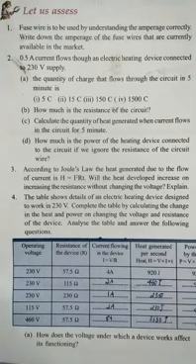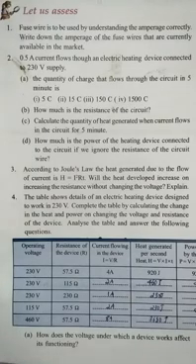Here, 0.5 A, the symbol for current, ampere, is the current I, and 230 V is the voltage, isn't it? So I and V are given.